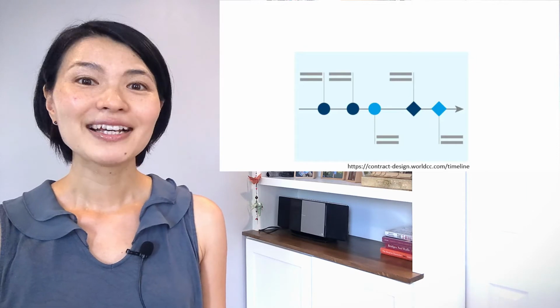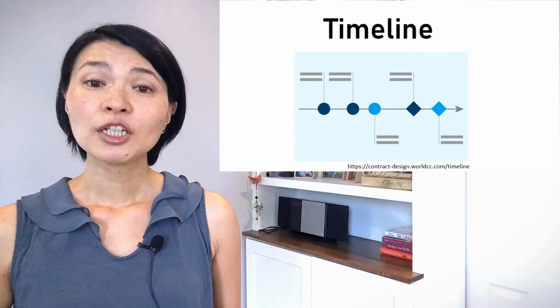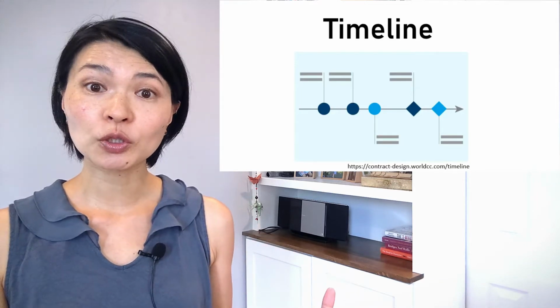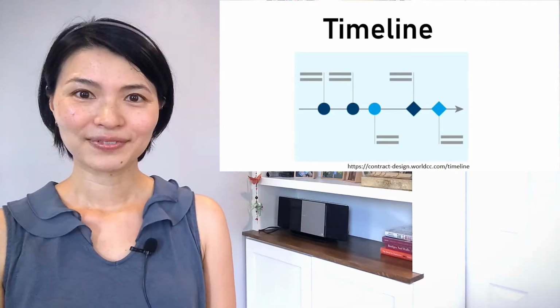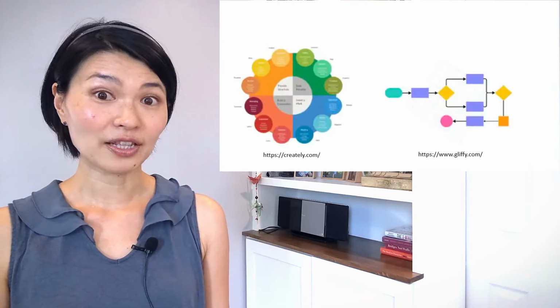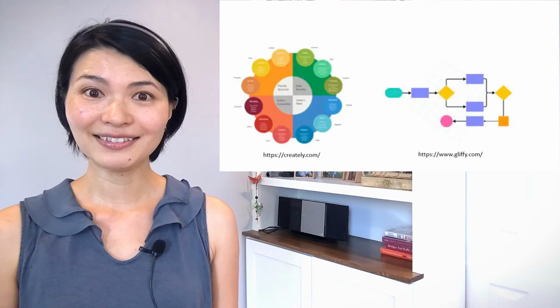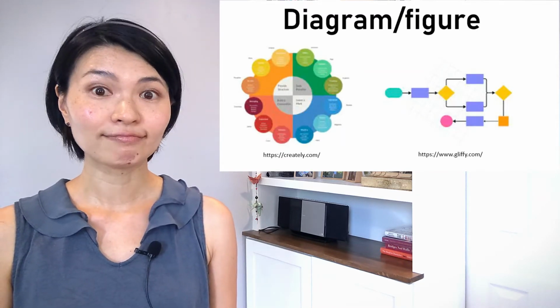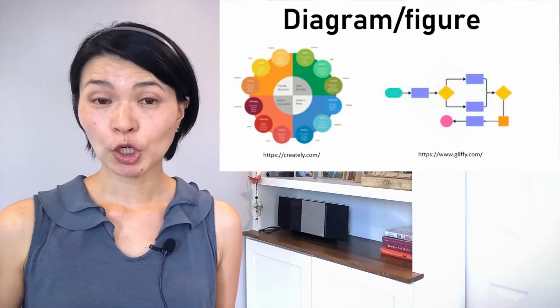Now this one is called a timeline. You can show multiple events in a chronological order. The last one, something like this or this, is called a diagram or a figure. This is another broad term.